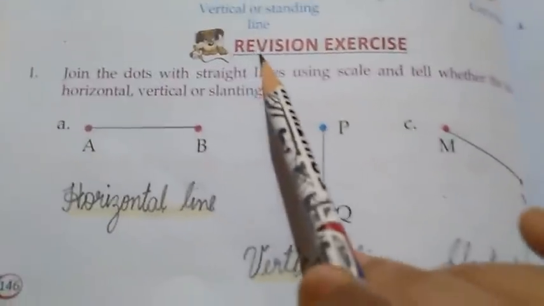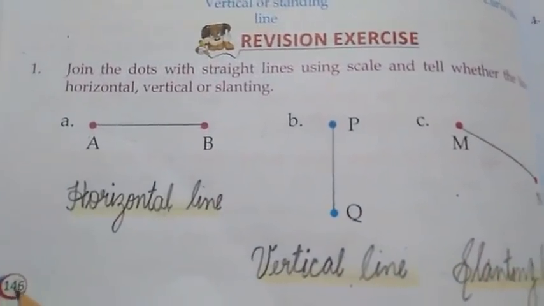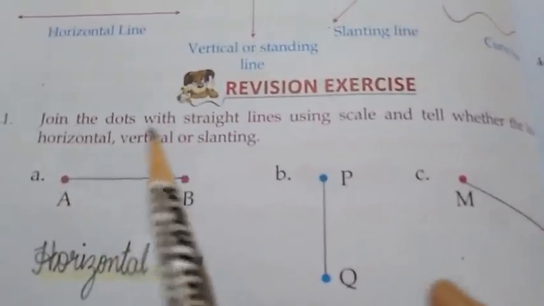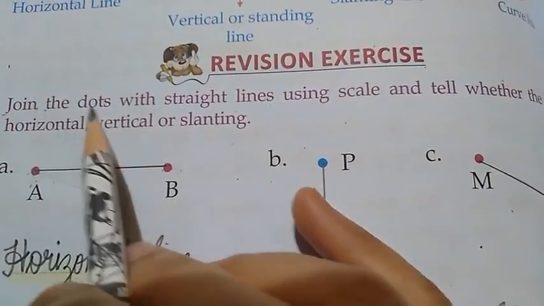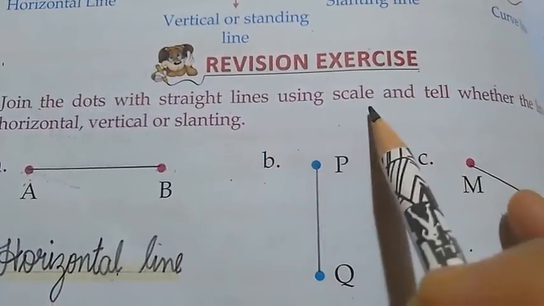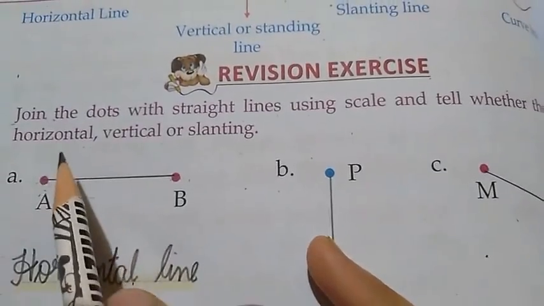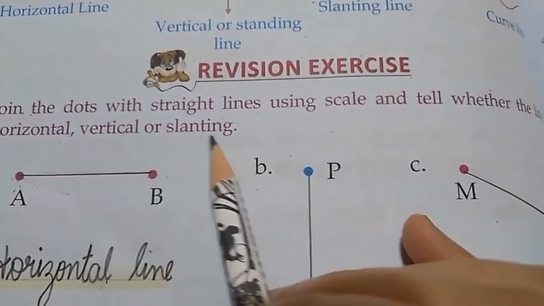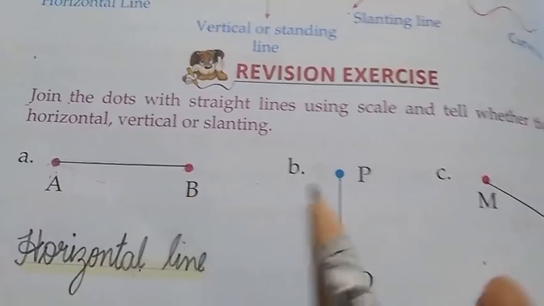Our first exercise is the revision exercise on page number 146. So let's see what we have to do here. Join the dots with straight lines using a scale and tell whether the line is horizontal, vertical or slanting. You can see here, students, some dots are given.